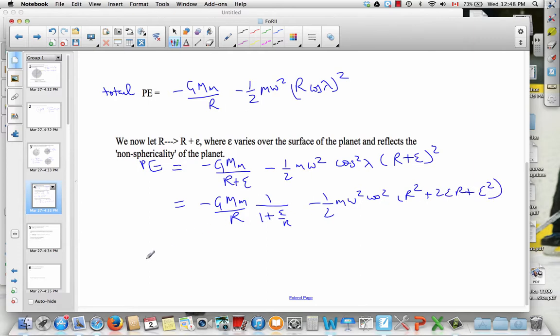There we go. Now we're going to use something known as the binomial approximation. You see, we expect epsilon to be very small here. Because of that, very small compared with R, we can approximate 1 over 1 plus epsilon over R using the first term in the binomial expansion.